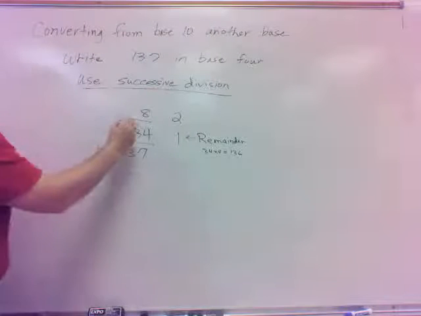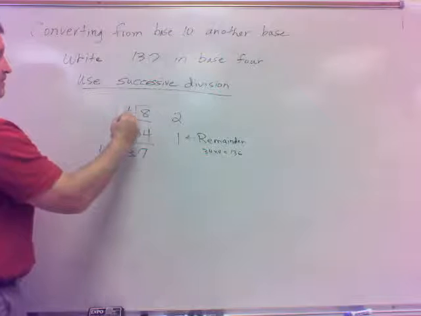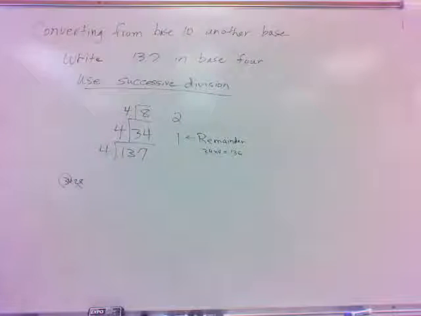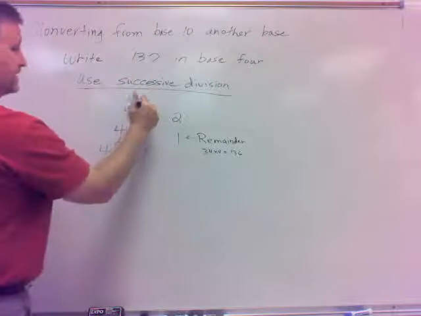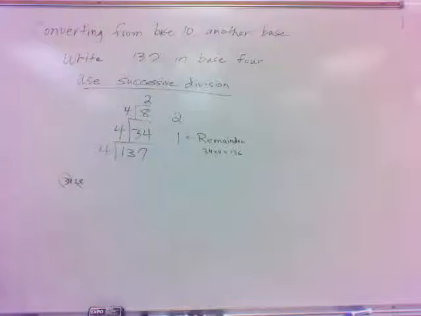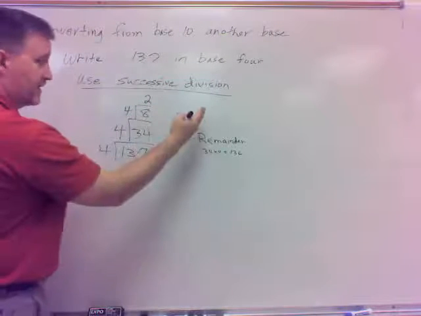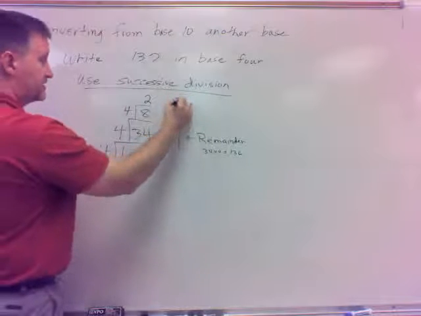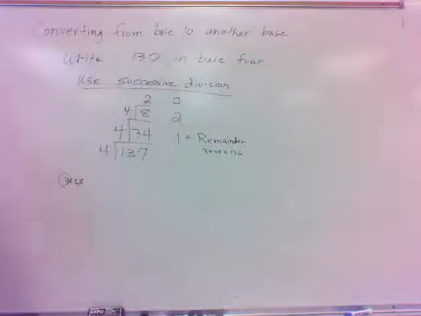Divide by 4 once again. 4 goes into 8 2 times. What's the remainder? There's no remainder. You do need to keep up with that. If there's 0 remainder, put 0 as your remainder over to the side.